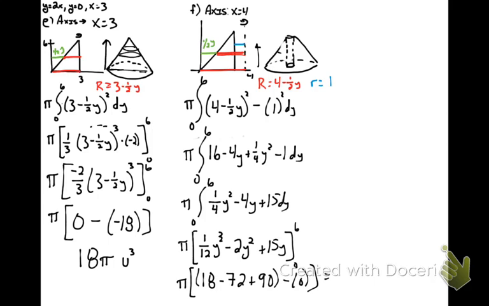So cleaning this up, we end up with a volume of 36 pi units cubed. And we'll continue to do more examples of this because the practice is important.